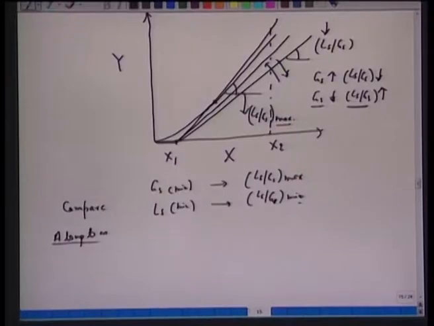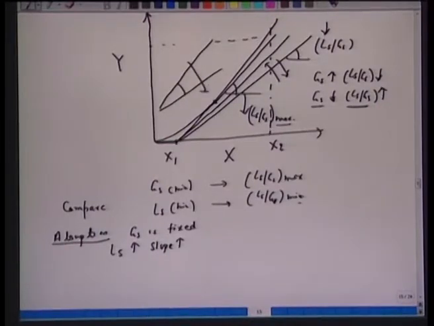Again, let's compare the two, absorption and desorption. In case of absorption, we said that GS is fixed. Okay. So if GS is fixed and LS increases, slope increases. So recall the previous situations where we had movement of LS by GS like this or like this. Here the GS amount was fixed.